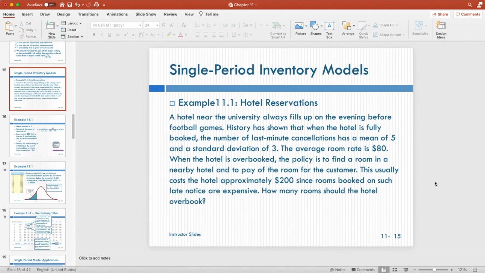We are trying to mitigate the loss due to overbooking, because each time an overbooking happens, it costs $200. That's a big amount, so we overbook a little bit, but not as much as 5. That's the whole reasoning.